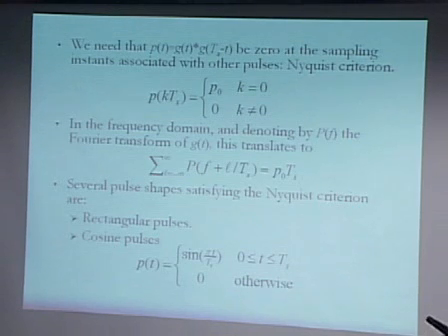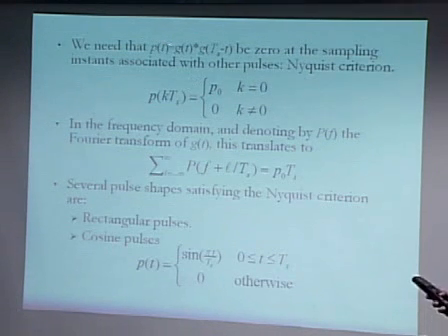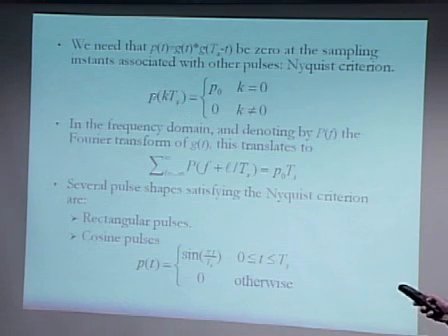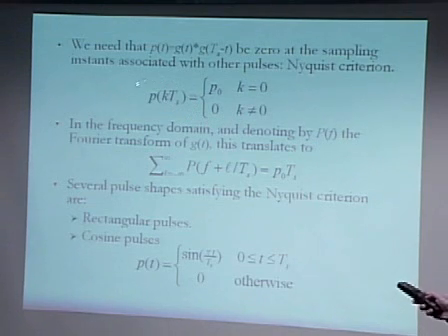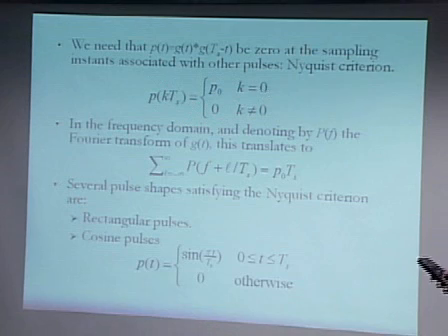So mathematically, we can say, okay, let's sample P of T every T sub S. Okay, so we have P of T, and now we sample it, so we have P of K T sub S, where K is an integer, 0, 1, 2, 3, 4, 5, and so on. And T sub S is the symbol duration. So the sampled version of P of T, we want it to be 0 everywhere except in one point.